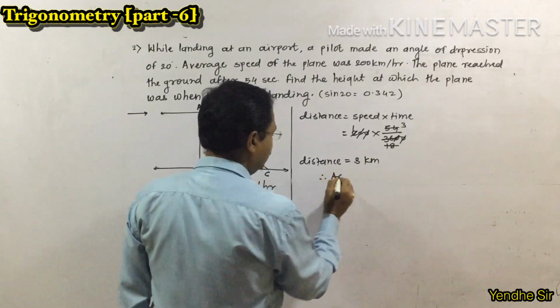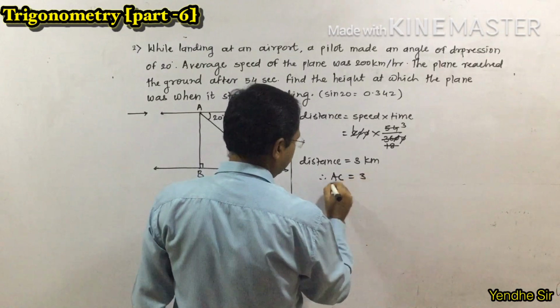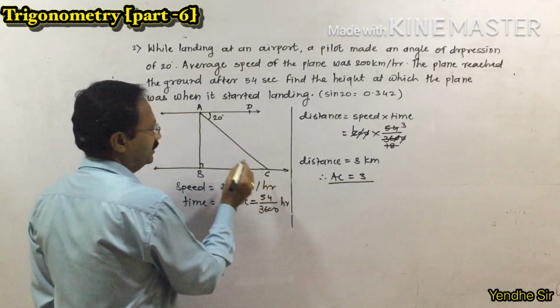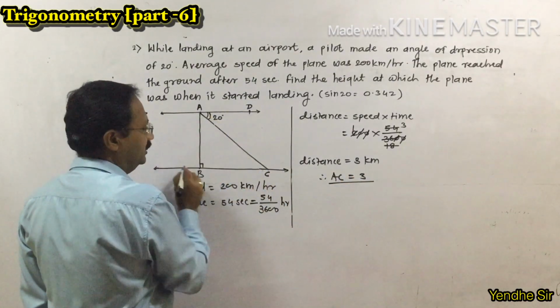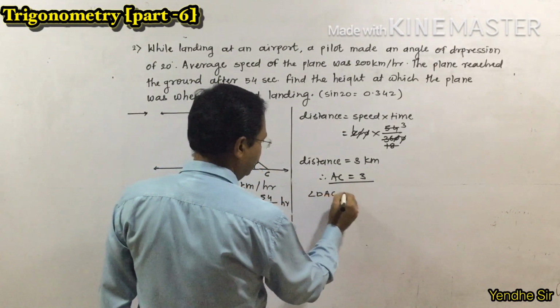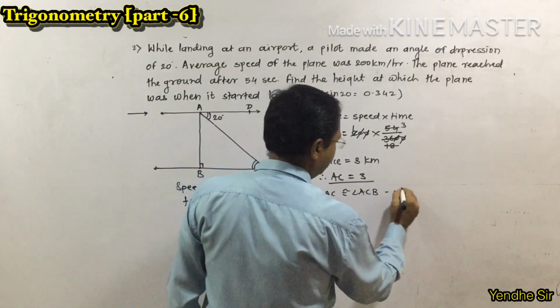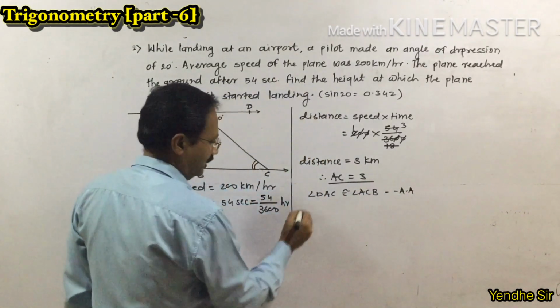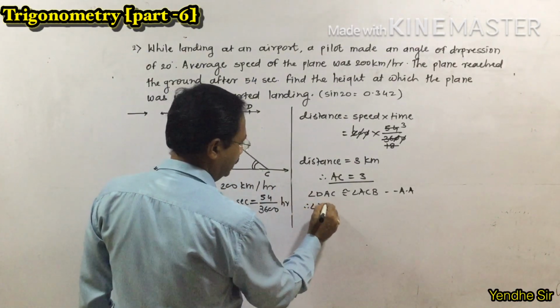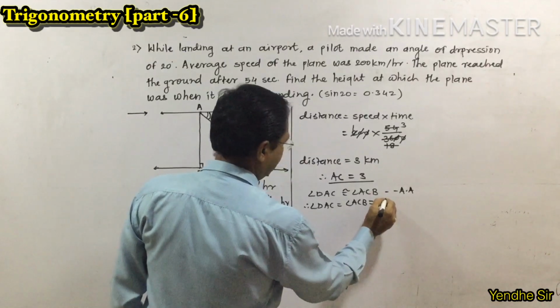Therefore, which is the distance? This is the distance. So AC equals 3. Now we can write it. This angle is 20, so it will be 20. Angle DAC is congruent to angle ACB. Why? Because they are alternate angles, and therefore angle DAC equals angle ACB equals 20.